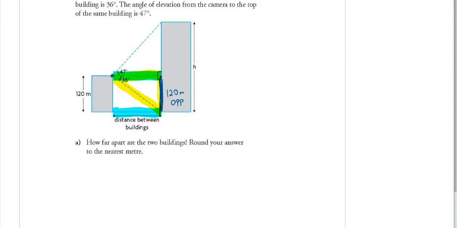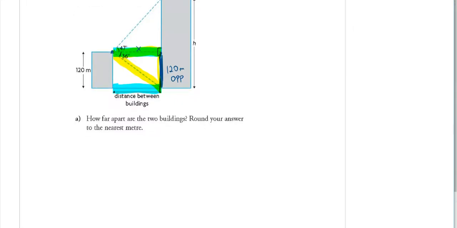So I can use a ratio to help me find that distance x, so I'll call that distance between the buildings x. So that ratio would be the tangent of 36 degrees. So tangent of 36 degrees is equal to the opposite side divided by the adjacent side, so 120 over x.